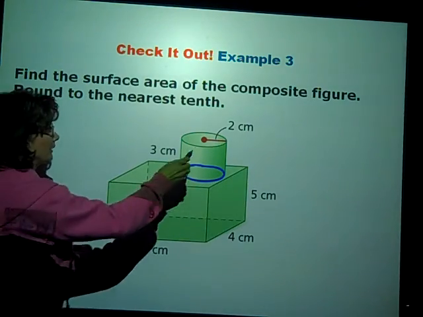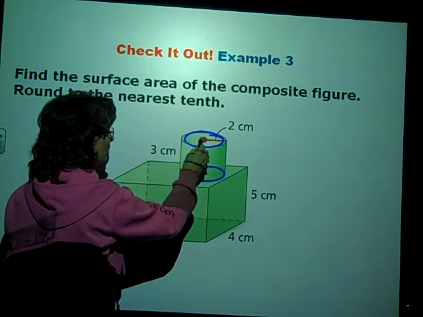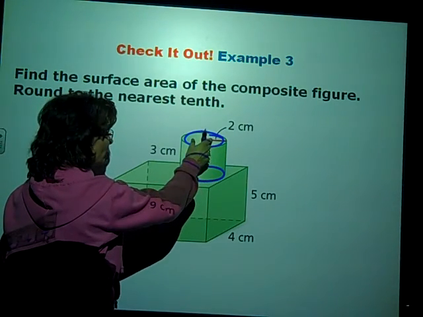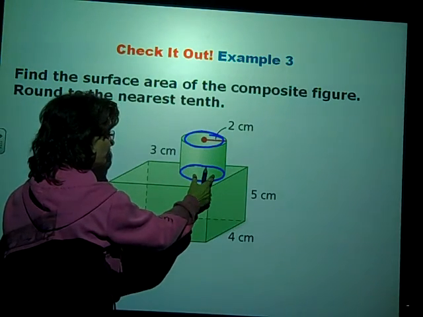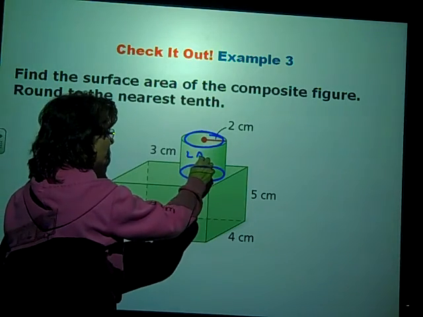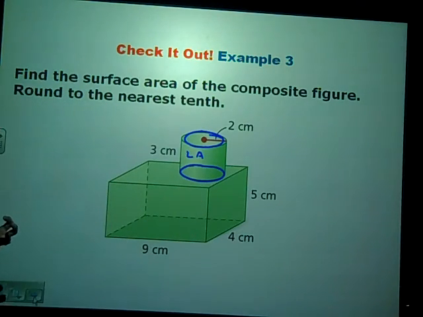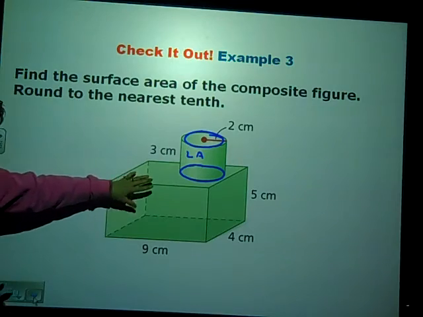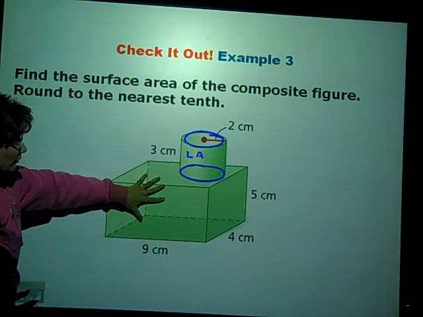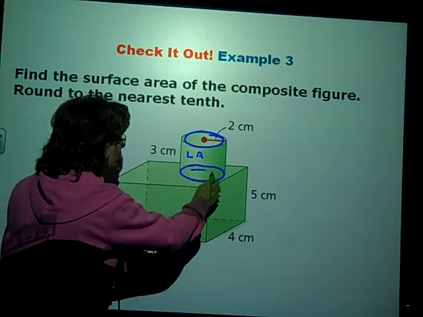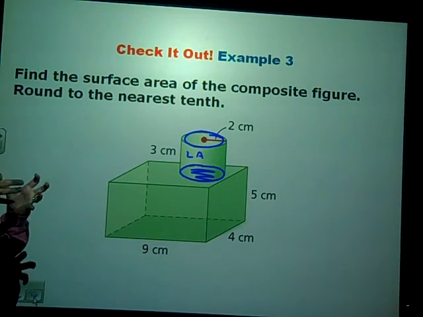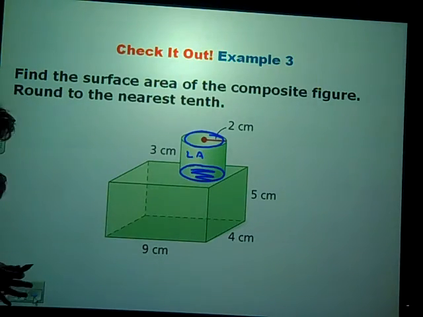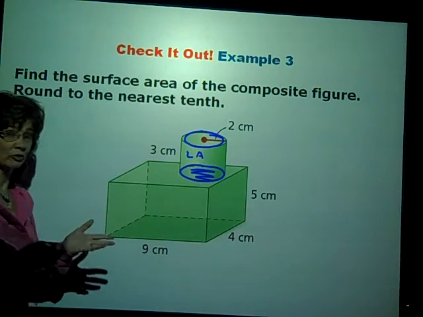But I see it's added once, because these are the same size here. So if I thought of this surface area as being part of the prism, I would just want the lateral area of this cylinder. If I took the lateral area plus the surface area of this, I'd be good. So you just got to be careful that you don't count those circles twice and get too much surface area.